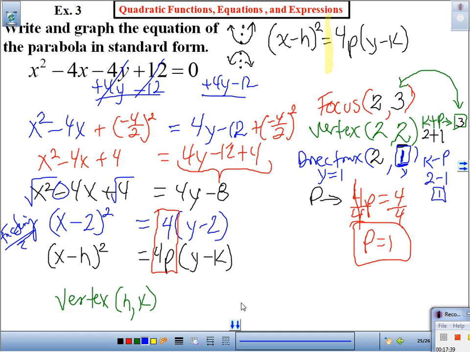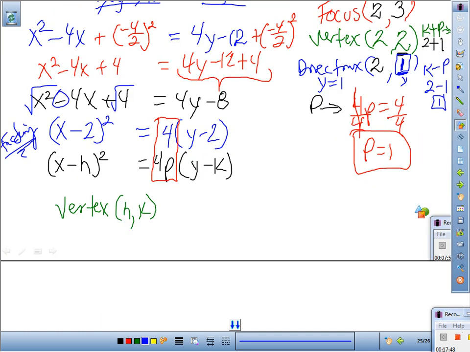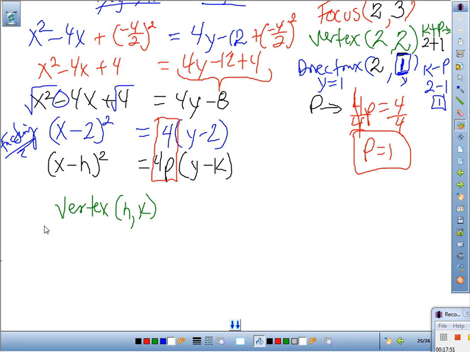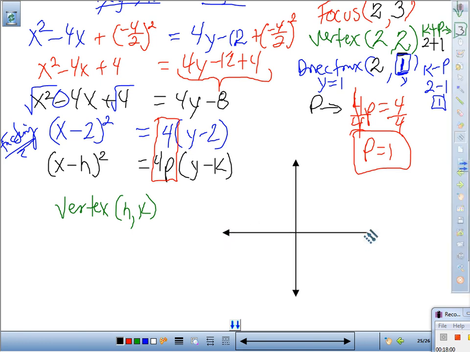Let's graph that. All right? So you have your graph paper. Get that in front of you. And me, I'm going to make my own. Start with the focus. The focus is 2, 3. So I go 1, 2, 1, 2, 3, and it's right there.